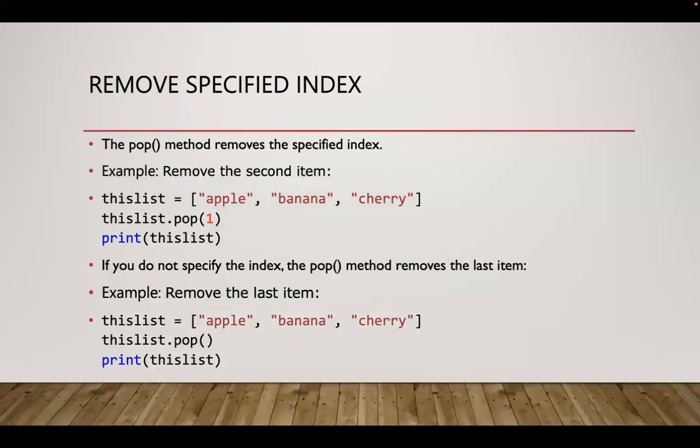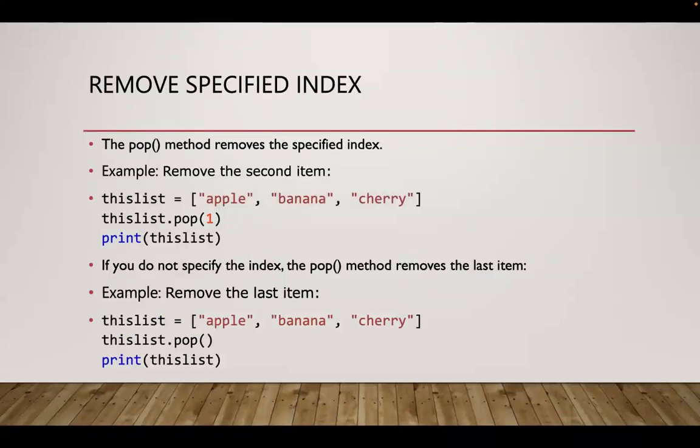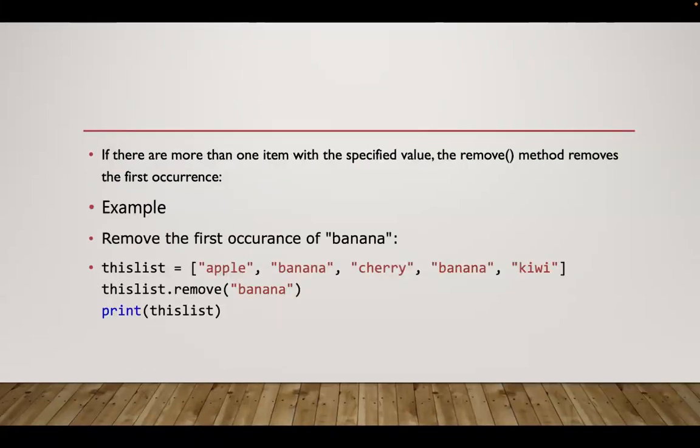So yesterday we talked about how we can manipulate the list, how we can do things with the list. The list is one of the most important data types, as we already mentioned to all of you.